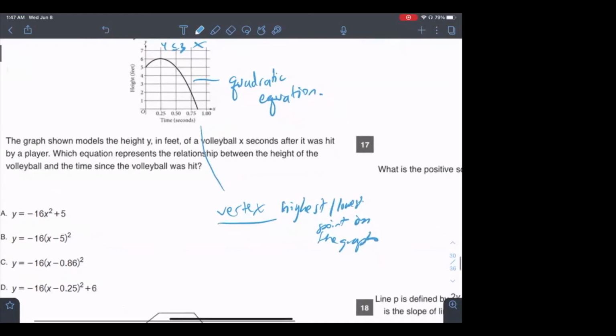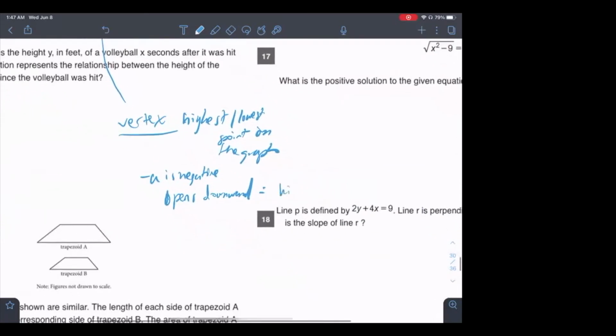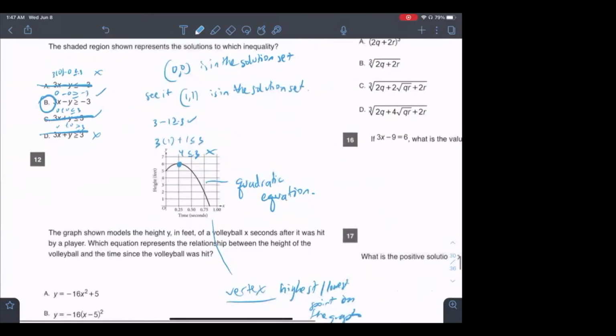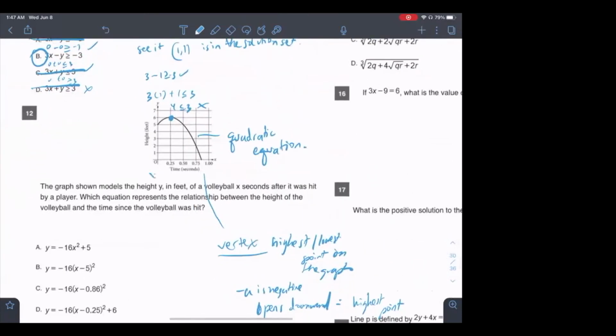In this case, it opens downward, meaning a is negative, meaning that it would have the highest point. So you would have to see where the highest point is located, and it's right here. So the highest point, meaning that x would be 0.25, y would be around 6.